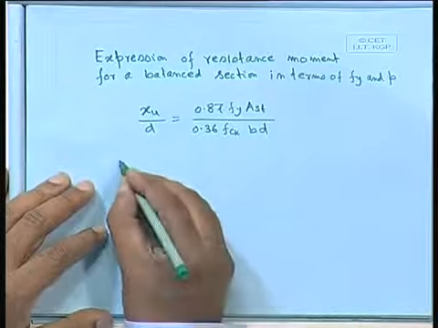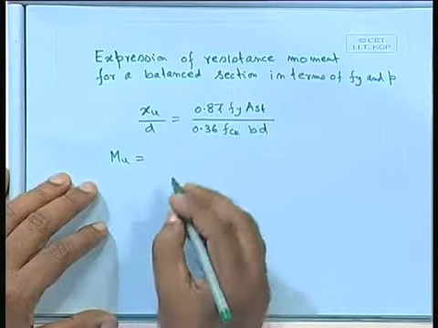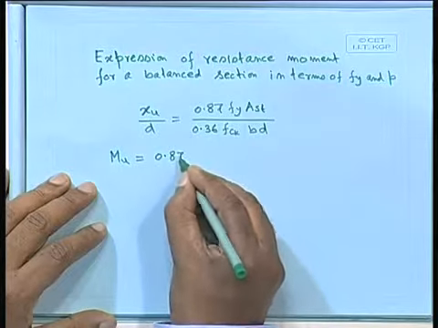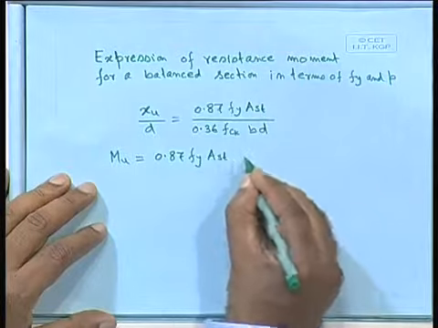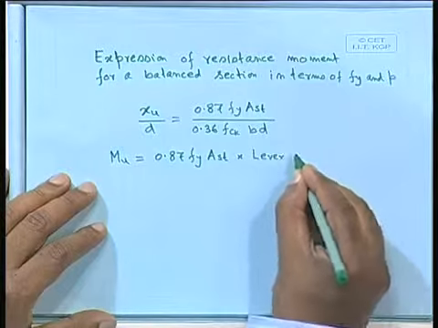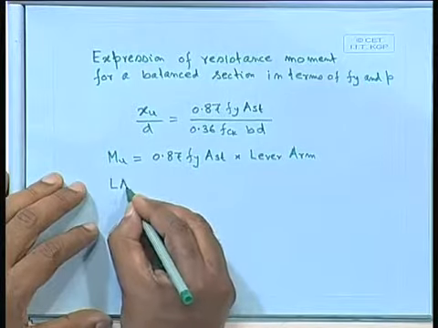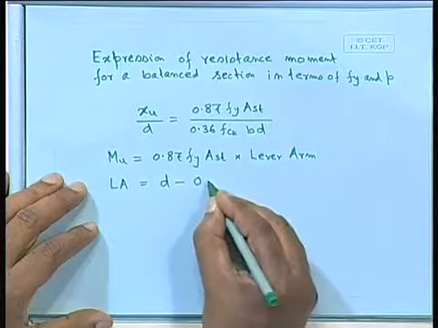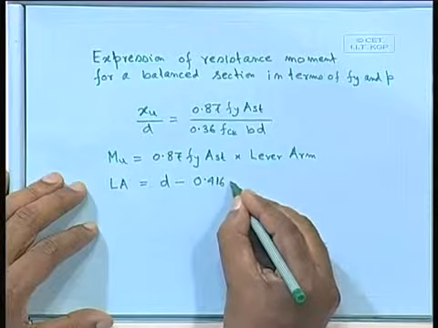Mu, that limiting moment, that resisting moment, moment of resistance, equals 0.87 fy Ast, this is the tensile force, multiplied by the lever arm. So, lever arm here equals d minus 0.42 or 0.416 xu, the exact value also we can write down.